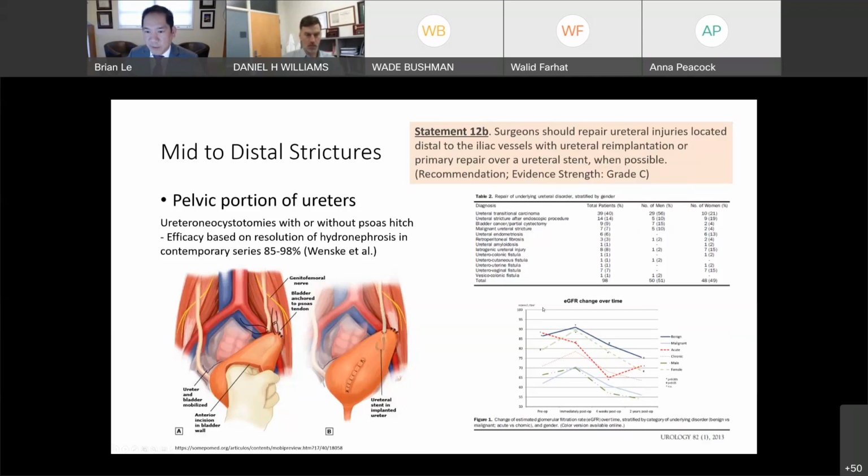This is some of the evidence of the efficacy, the success rate of repairing it. In this study, there were a fair amount of patients who were there more for cancer and things of that sort. But in general, the glomerular filtration rate after a repair does still tend to drop a little bit at 2 years post-op, but basically stays at least mostly within the safe stage of kidney disease.